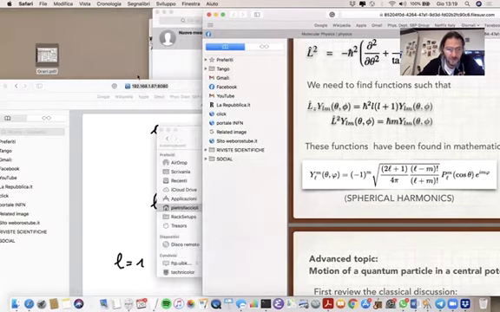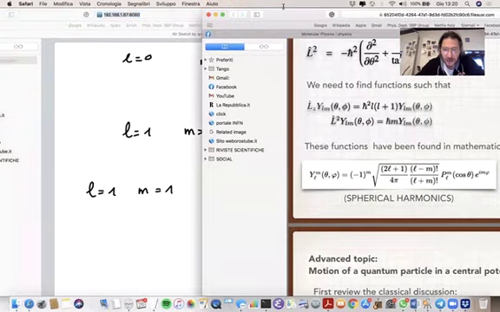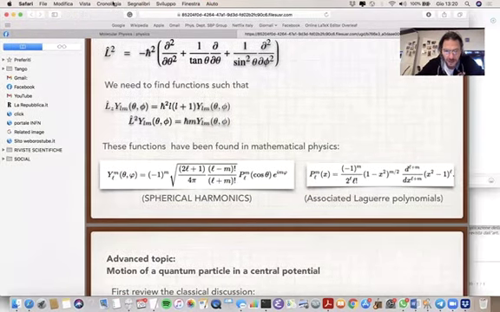Just to make sure you're on the same footing, what I just said is that Y00 is 1 over root of 4 pi, which is the correct normalization. And now I'm using L equal 1, and m will be 1, 0, minus 1. So L equal 1, m equal 1. Let's go now and apply the solution that I told you.